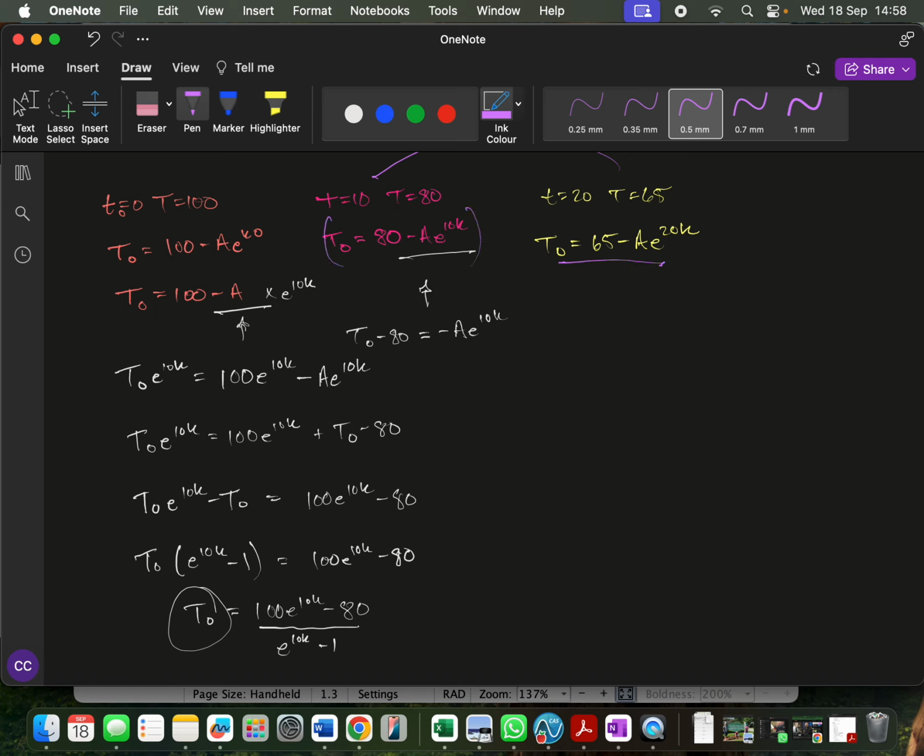again, if I multiply this by e to the 10K, I would get e to the 20K, because when you multiply, you add coefficients, so that's what we've got to do. So that's going to be T0 e to the 10K is equal to 80 e to the 10K minus A e to the 20K. Again, solving this for that negative value, I get T0 minus 65.